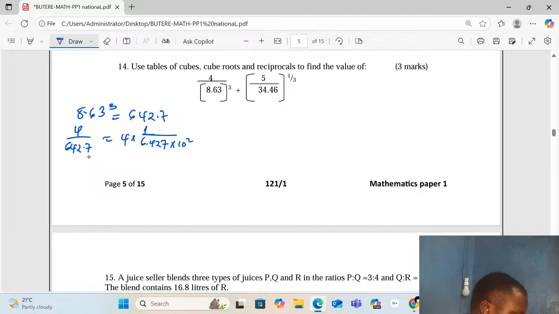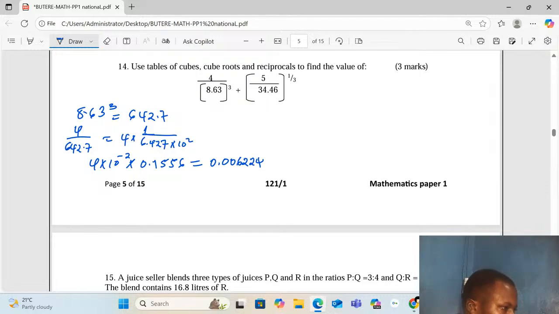So we have 4 times 10 power negative 2, times the reciprocal of 6.427, which is 0.1556. Then we get 0.00624.